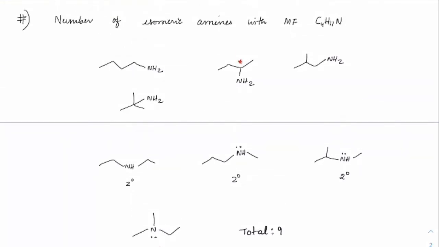Now if you were asked the total number of isomeric forms, if you see this one, this does not have any chiral center, these three don't have any chiral center, neither does this, only this has a chiral center. So here there will be 2 molecules.